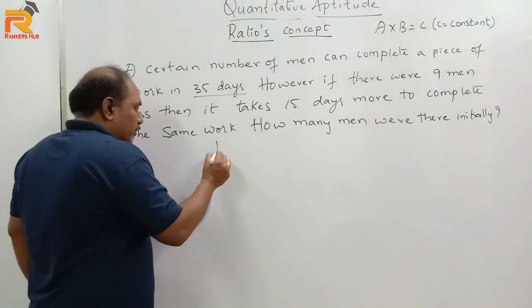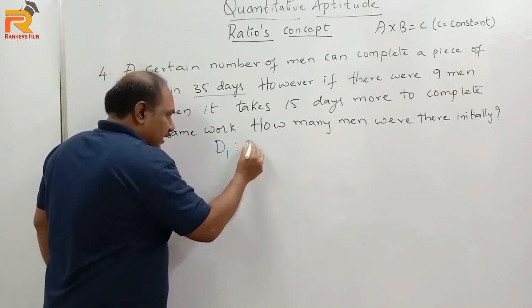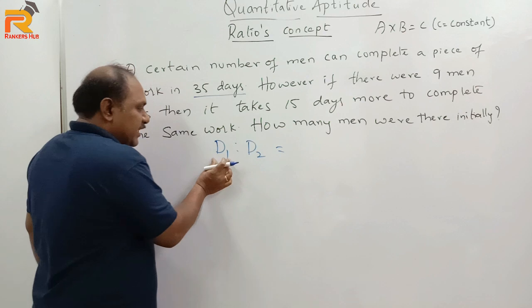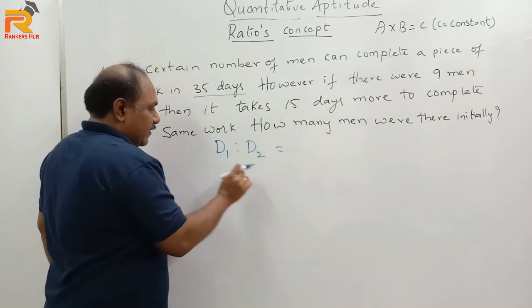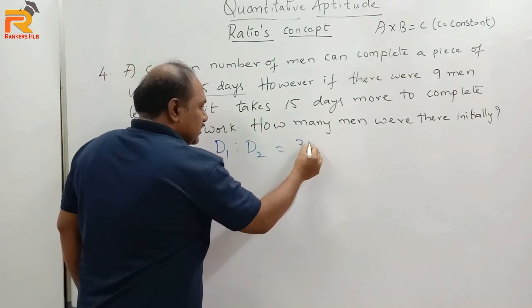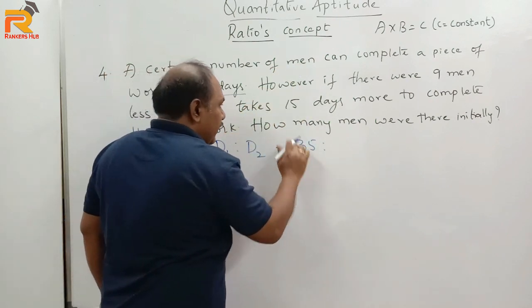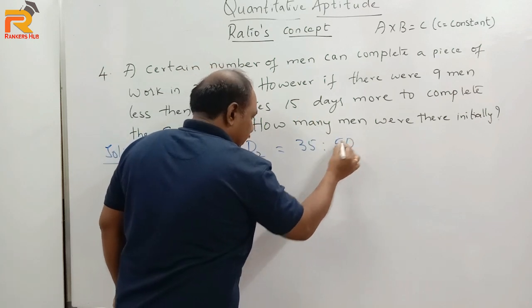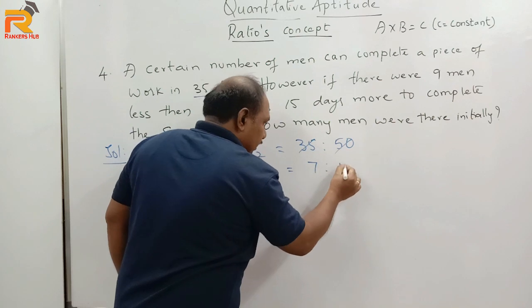Now because we know time, that is days, D1 is to D2. D1 is the initial time, D2 is the time after men decreasing. So D1 is given as 35 days and D2 is 15 days more. 35 plus 15, it is 50. So ratio 5 sevens, 5 tens.